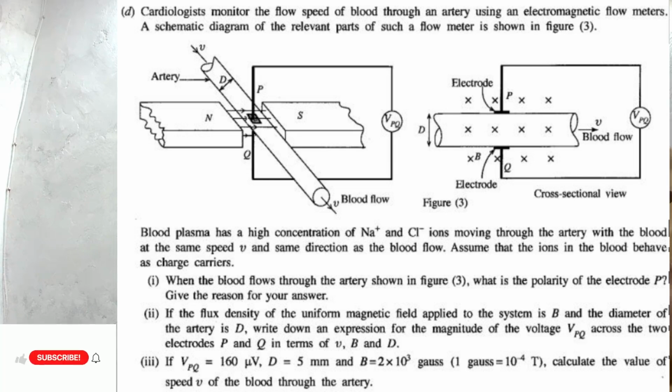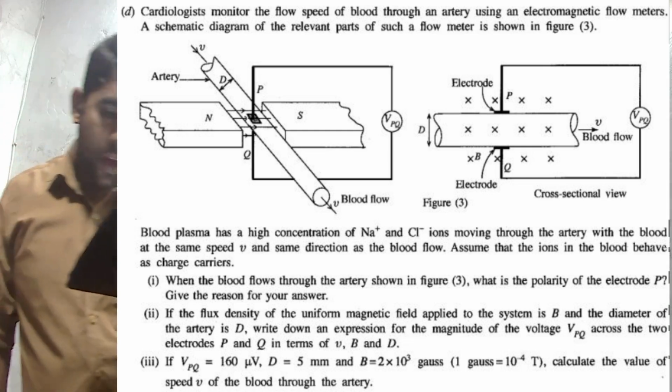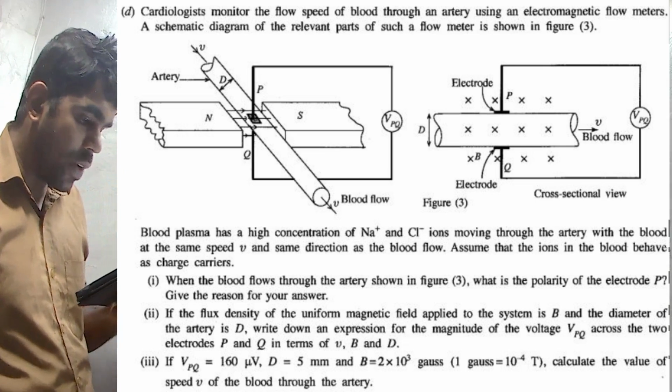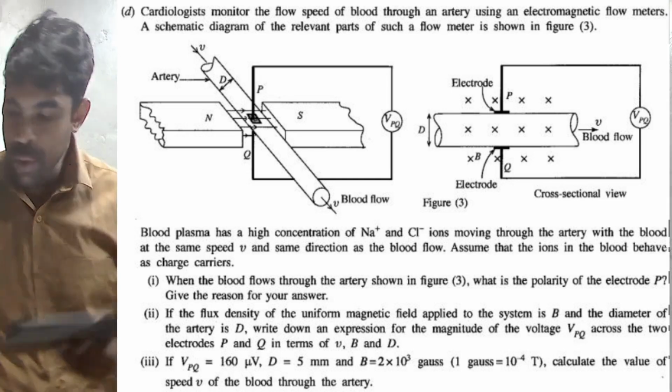Blood plasma has a high concentration of sodium plus and chlorine minus ions moving through the artery with the blood at the same speed v and in the same direction as the blood flow. Assume that the ions in blood behave as charge carriers. Part 1. When the blood flows through the artery shown in figure 3, what is the polarity of electrode P? Give reasons for your answer.